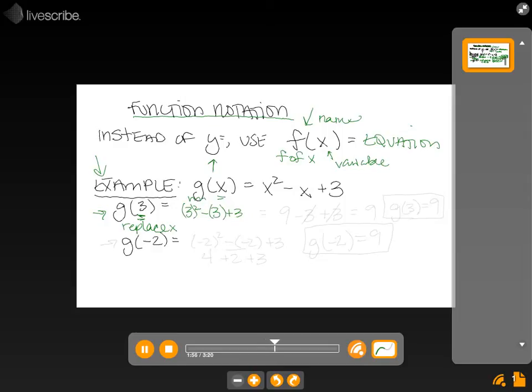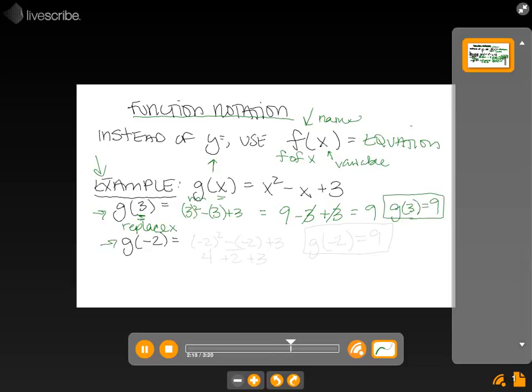So I have 3 squared, which is 9, minus 3 plus 3. Those 3's cancel, so the only thing I'm left with is 9. We write that g of 3 equals 9. There's the answer to the problem.